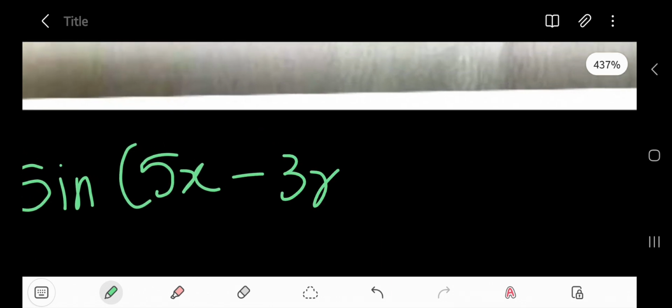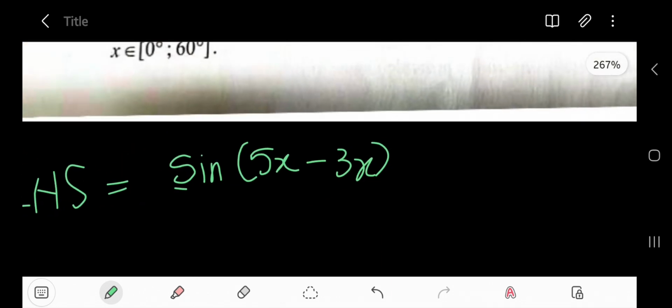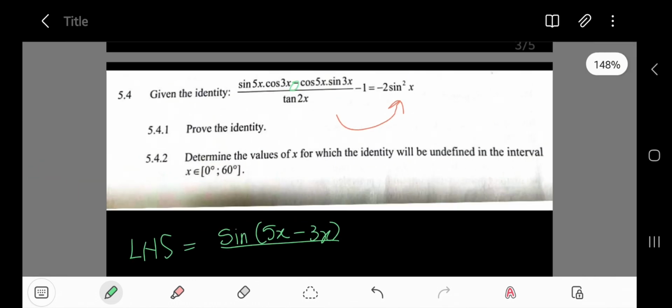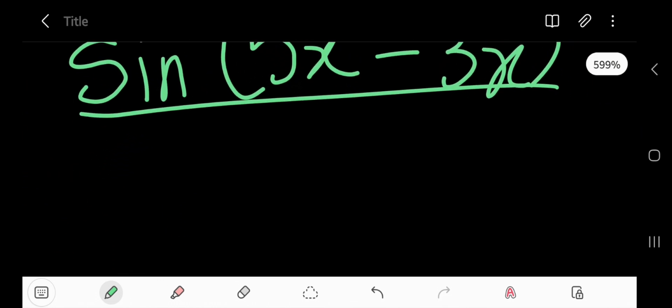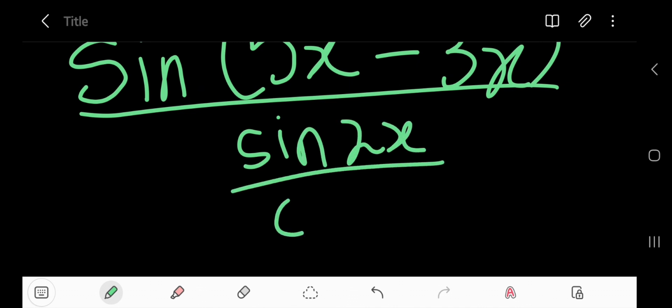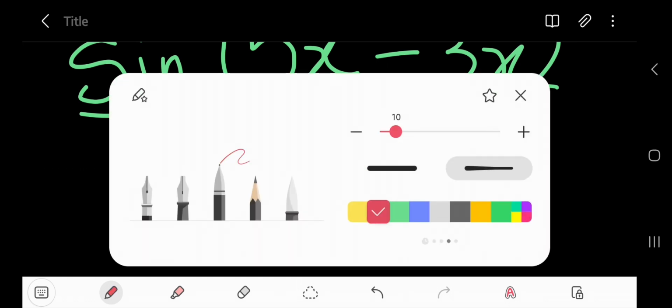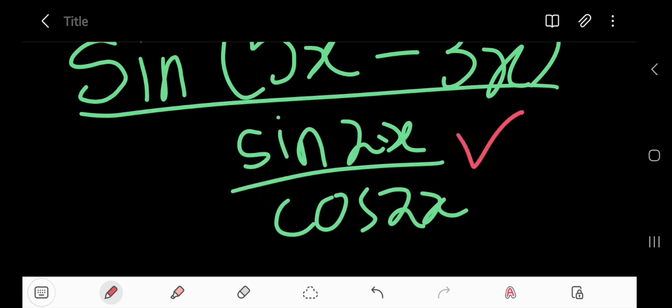Oh, now we have a double angle, it's fine. All over tan 2x. Whenever you see tan, let's just change it: sine 2x over cos 2x. So this is a mark already, a free mark.